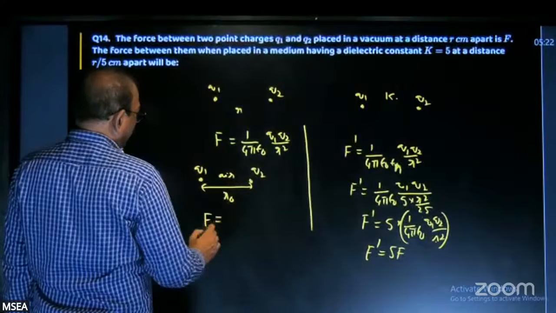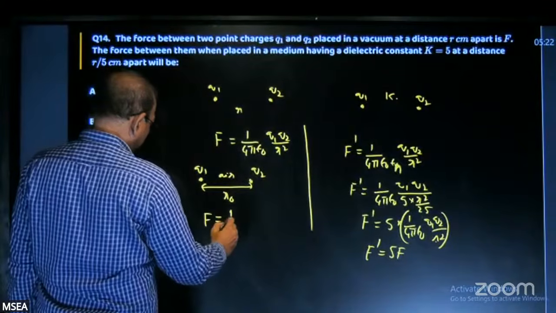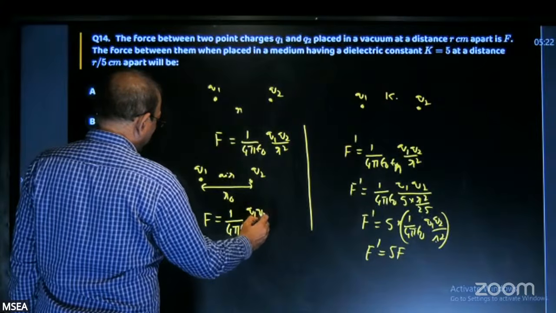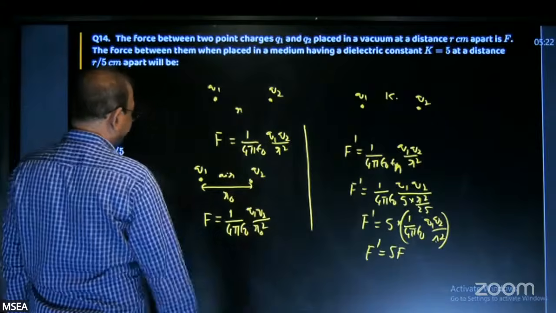Then the electrostatic force exerted by them on one another will be 1 by 4 pi epsilon naught Q1 Q2 by R naught square.